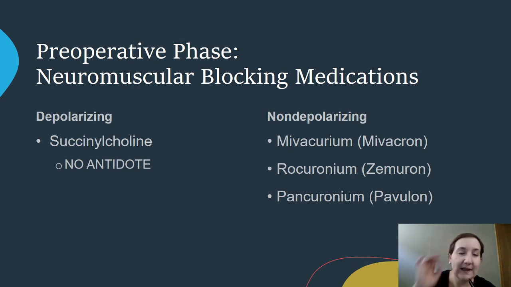There is no antidote to Sux, but it is widely used because of how quick it goes and how short acting it is. Again, this one acts within a minute, and it's going to last only about 7 to 8 minutes. So if we need a little bit of relief, this is the way to go, because we don't want to depress that respiratory drive or that muscle sensation for that long.